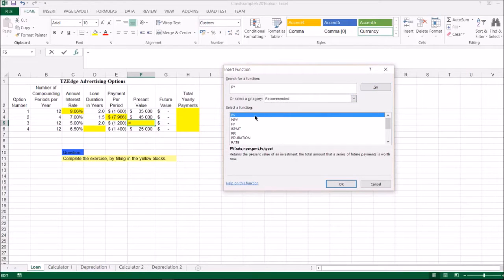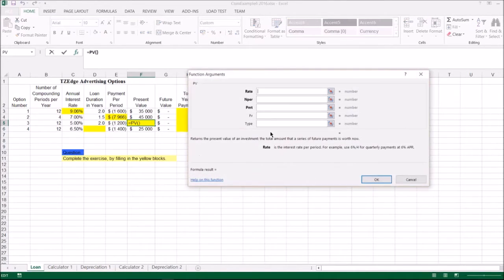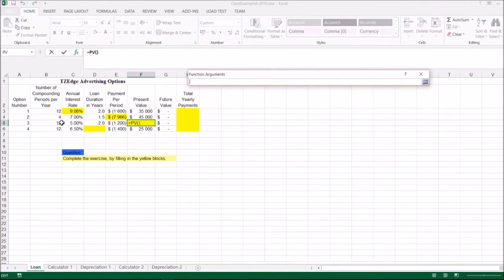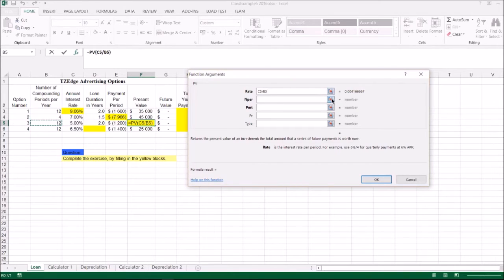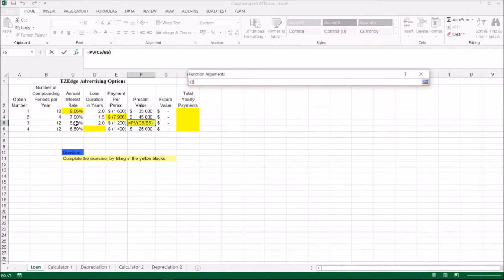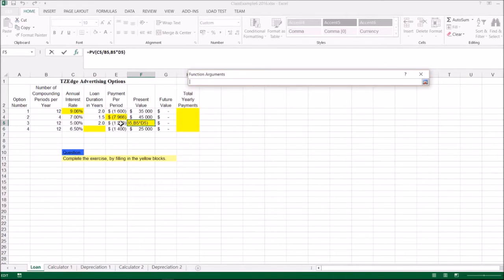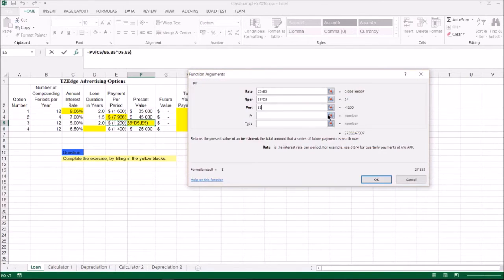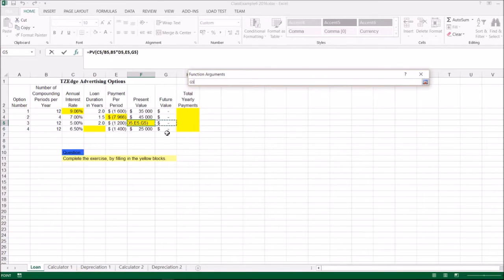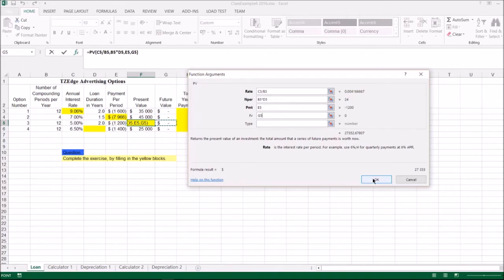And once again, enter the required info, select your rate, and remember to divide it by the number of compounding periods per year and carry on with the formula. And then your answer should be 27,353.